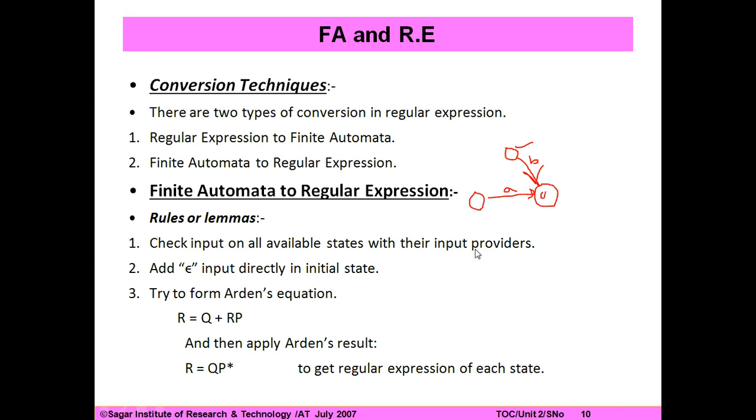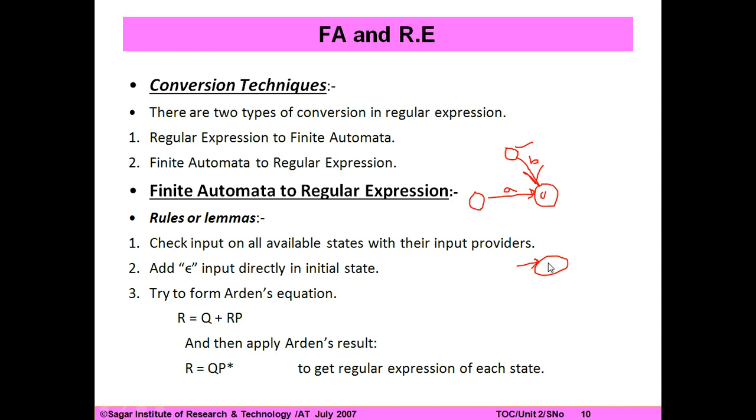Okay, so we'll have to check it first, then add epsilon input directly in the initial state. Why are we including epsilon in the initial state? The reason is very simple. Try to understand this one. If this is our initial state, whether we give any kind of input or we don't give any input, it doesn't matter.